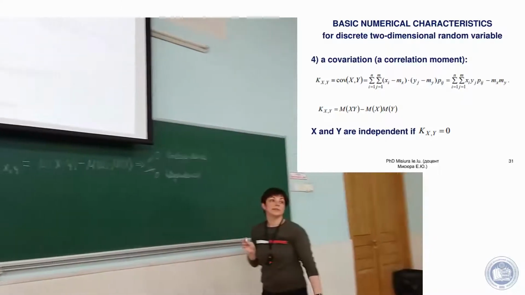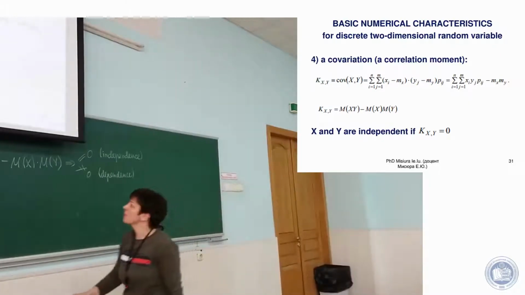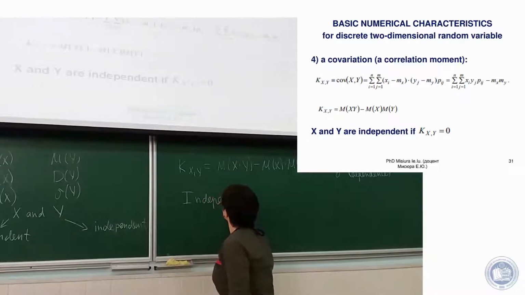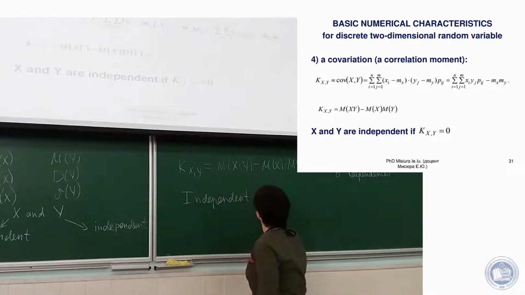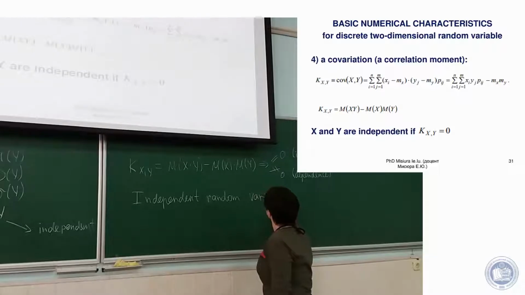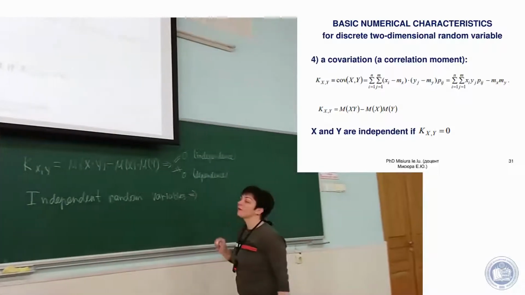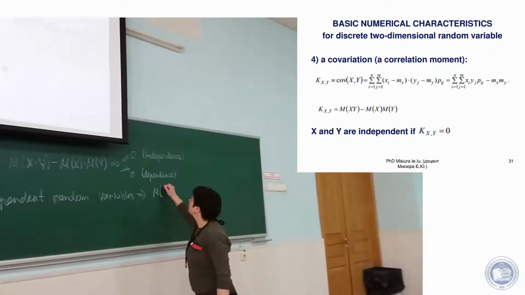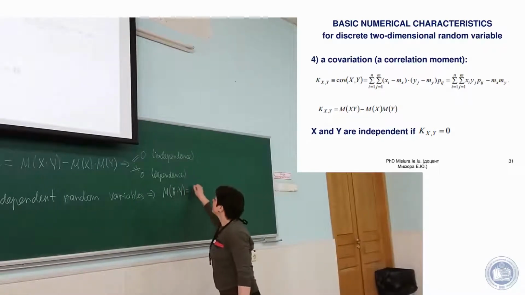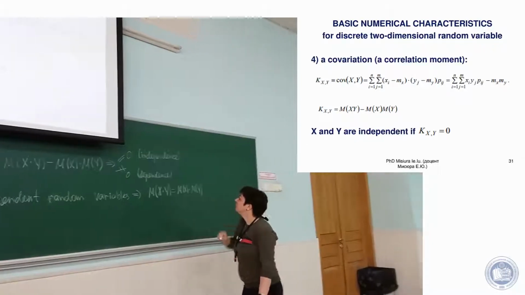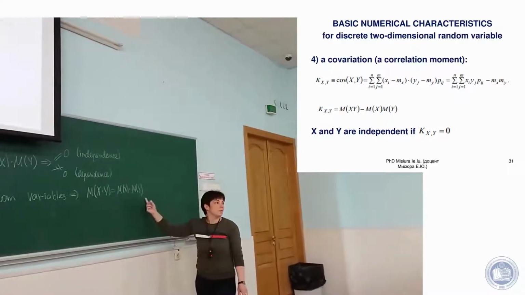So we have dependence and independence. Let's remember, if we have independent random variables, it means m of x times y equals m of x multiplied by m of y. Do you remember this property?